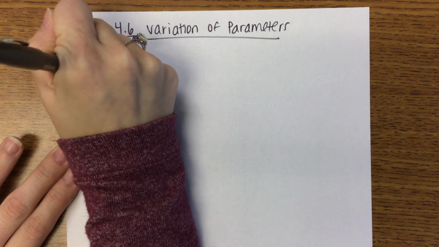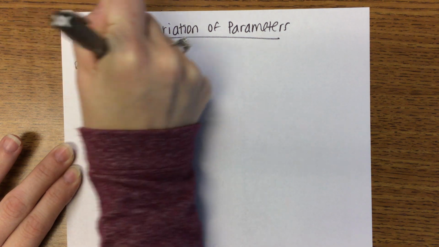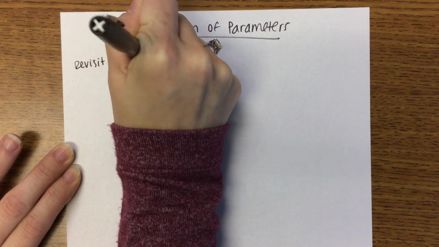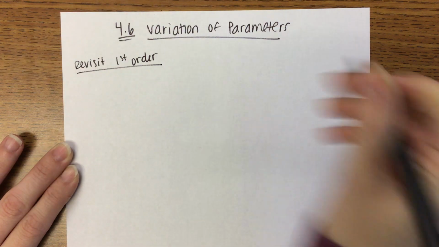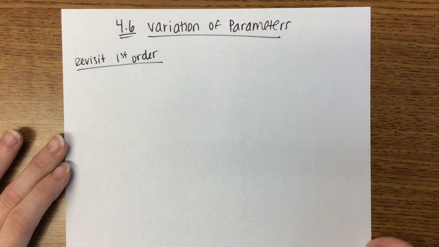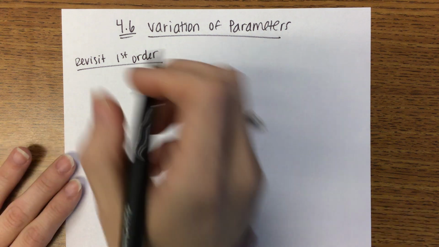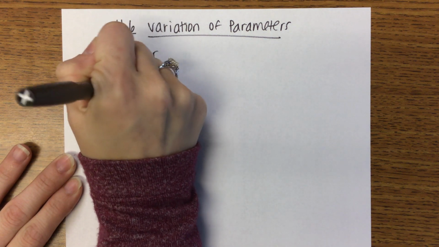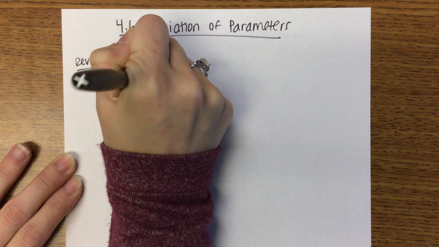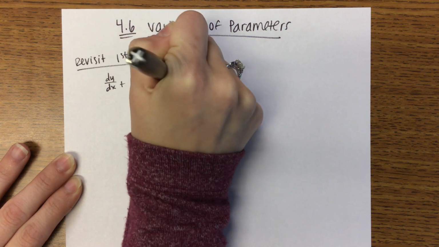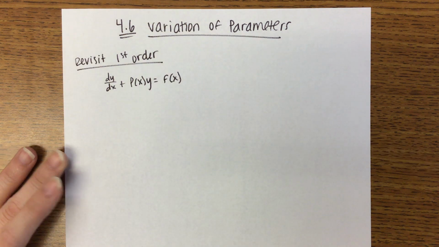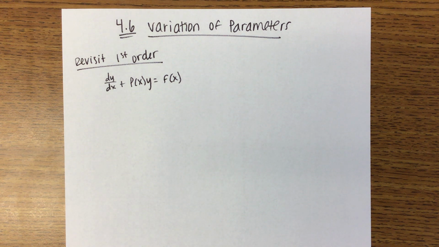What we're going to do is first look at first order non-homogeneous linear differential equations, and then generalize to higher orders. Let's say your equation is dy/dx plus p of x times y equals f of x. It's non-homogeneous because of that f of x.